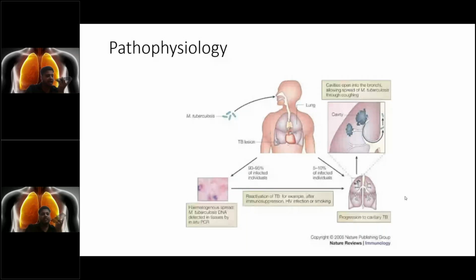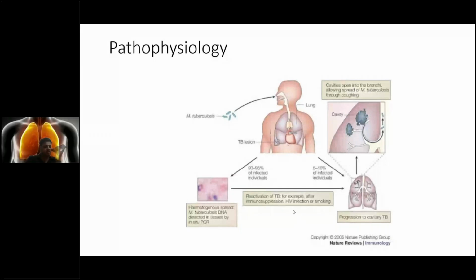So this is the pathophysiology of tuberculosis, where you will get a word called Ghon complex. Actually, the Ghon complex is the necrotizing tuberculous tissue surrounded by macrophages, with involvement of the hilar lymph nodes. That's called the Ghon complex.